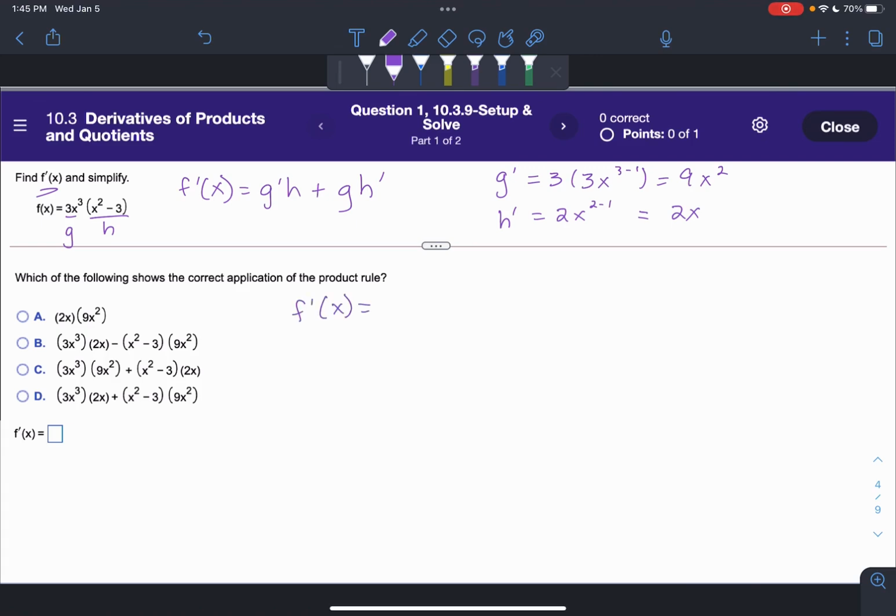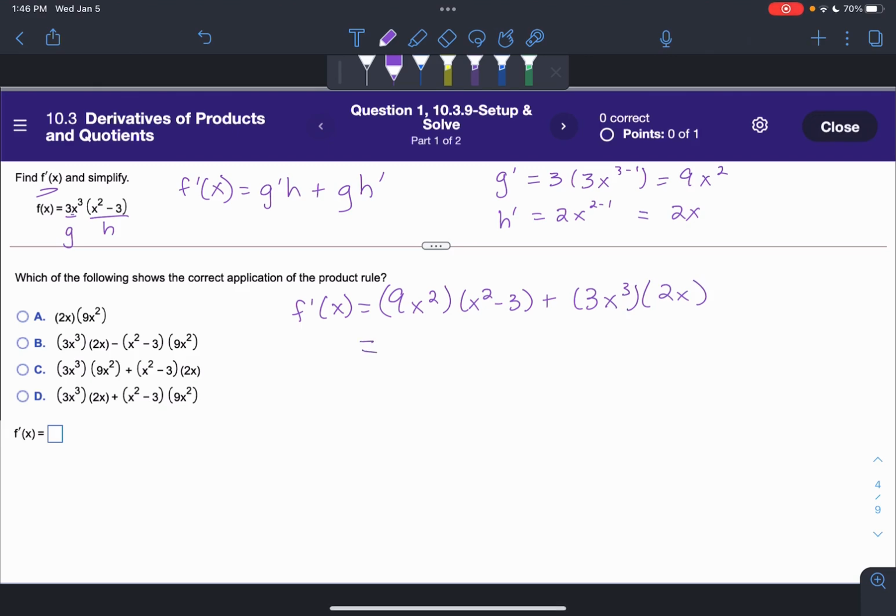I'm going to take the derivative of g, or what I call g, and that is that 9x squared. And then we're going to multiply by h, which I made the second term of the product, x squared minus 3. And then I'm going to add g, which is 3x cubed, times h prime, which is 2x.